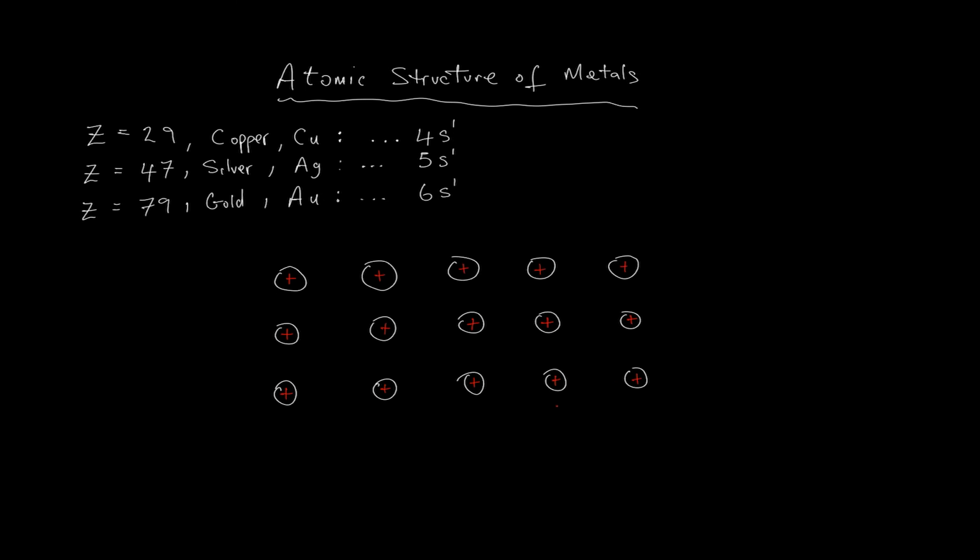Okay, let me see if I can find a contrasting light color, because I'm going to draw some electrons in here now. Okay, here's one. It's not to scale. The electrons are a lot smaller than the nucleus. Here we go. Here, one there, one there.